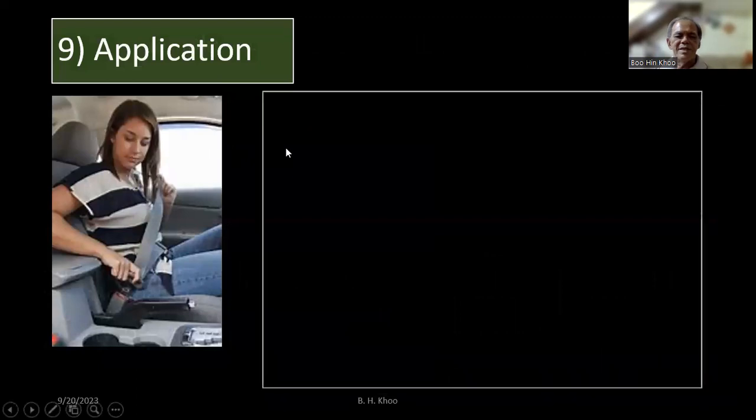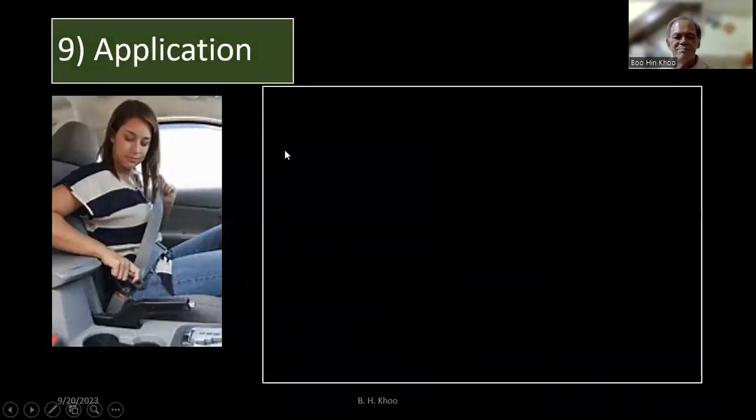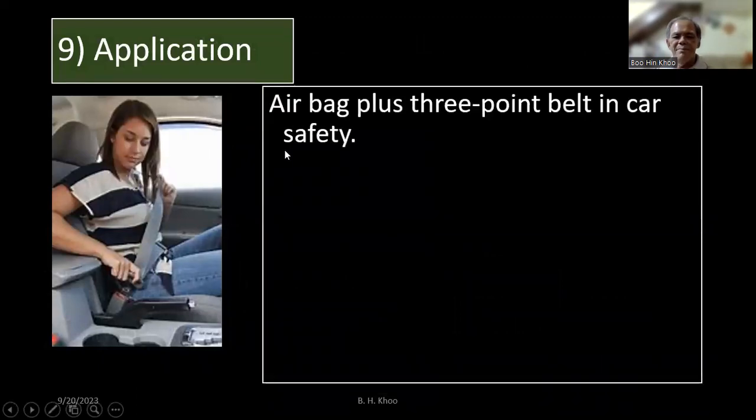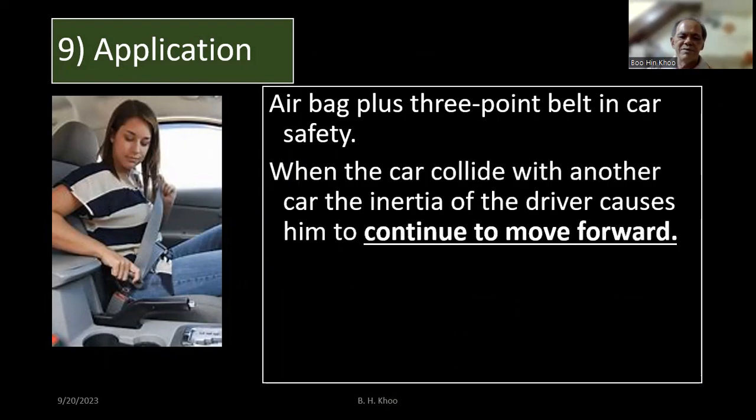Right? In terms of application, why do we have a seatbelt? Airbag plus 3-point belt in a car for safety. When a car collides with another car, the inertia of the driver causes him to continue to move forward.